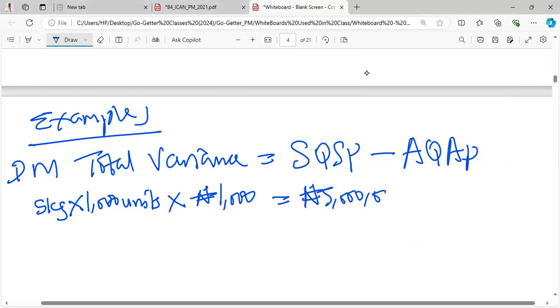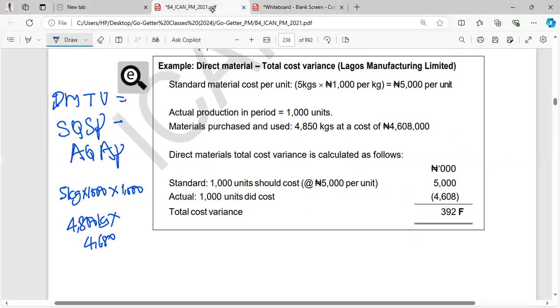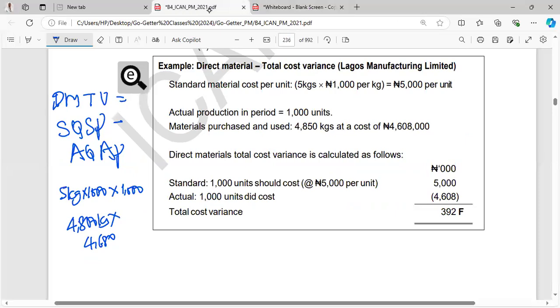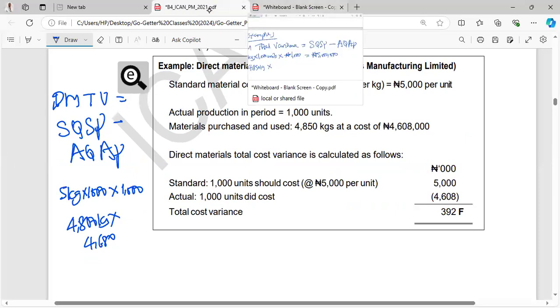Then the actual quantity, actual price. We are told that we bought 4,850 kg. Of course, that was what was used to do the whole 1,000 units. The price is 4,608,000.